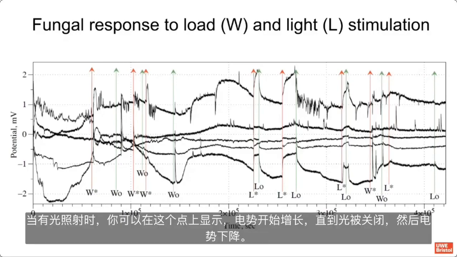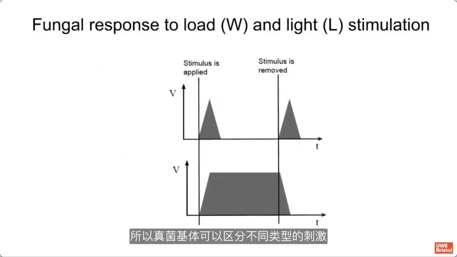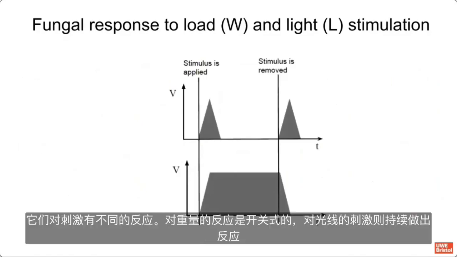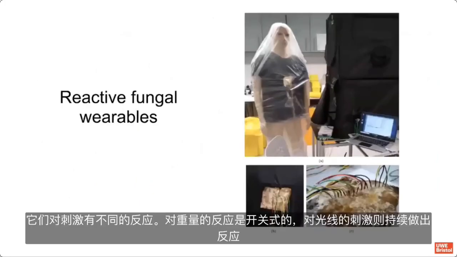When light is applied, as you can see on the plot, potential starts to grow and it grows until the light is switched off. Then potential drops. So fungal substrates can discriminate between types of stimuli. They respond differently, on and off, to loading and respond continuously to light stimulation, as you can see on this plot.